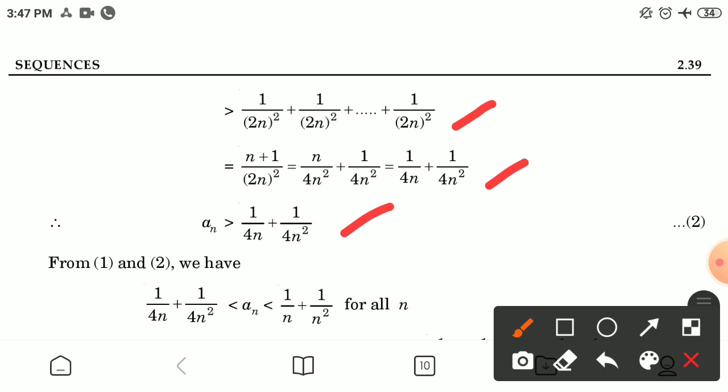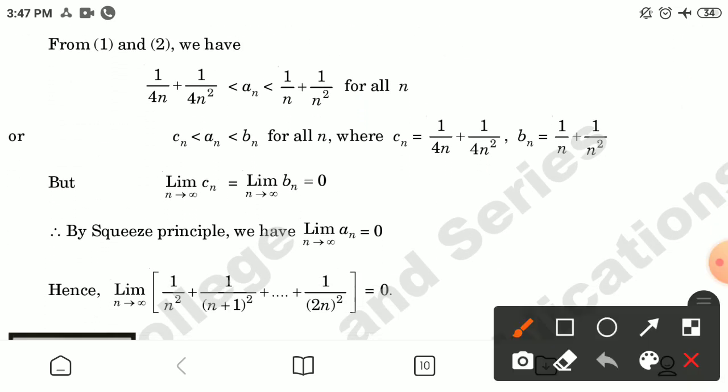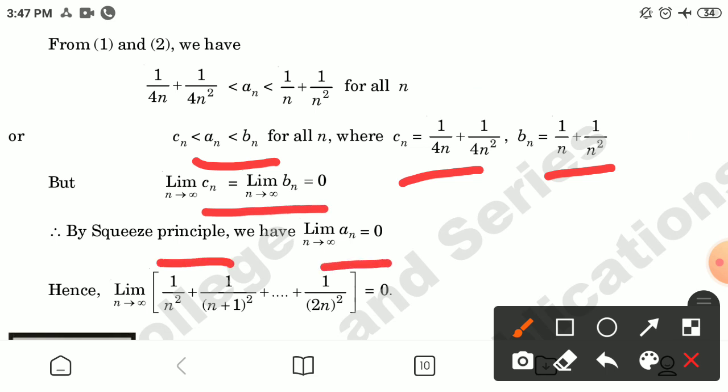From first and second we are able to say that an is between 1 by 4n plus 1 by 4n square and 1 by n plus 1 by n square. An is between cn and bn for all n. Cn is this, bn is this. If we apply the limit on this, the value will be 0. By squeeze principle, the limiting value of this is 0.